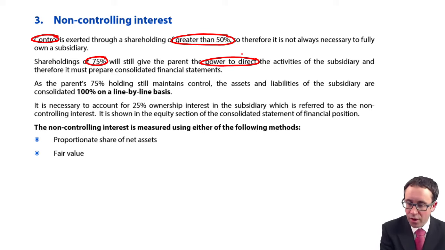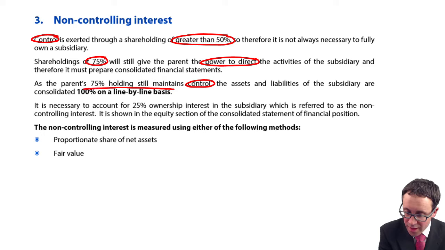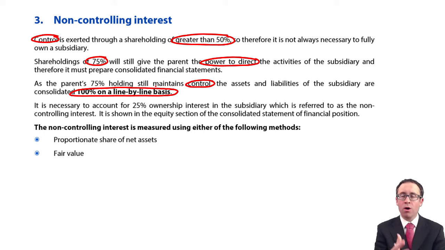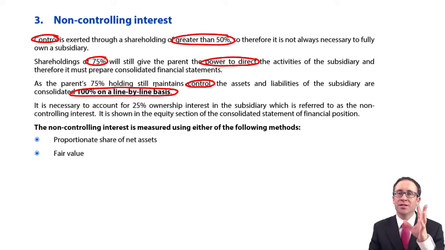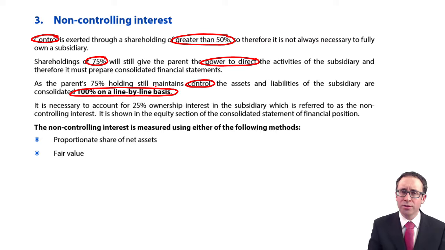Just be careful though, if you have control, you will consolidate the assets and liabilities 100%. I've said it once in the previous video, I'll say it again. Do not put in 75% of the assets and 75% of the liabilities. If you do, you may as well just give up on the rest of the question.